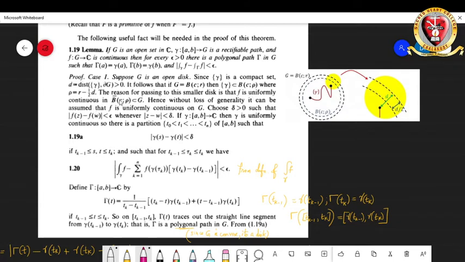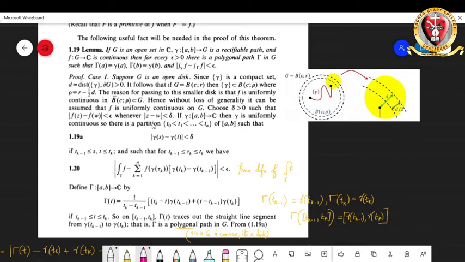So here F will be uniformly continuous on the whole closure of B0, and that is inside G. Without loss of generality, we can extend it to saying that F is uniformly continuous on G. Now choose delta strictly greater than 0 such that the modulus of f of z minus f of w is strictly less than epsilon whenever the modulus of z minus w is strictly less than delta. How can we say that? Because f is uniformly continuous.